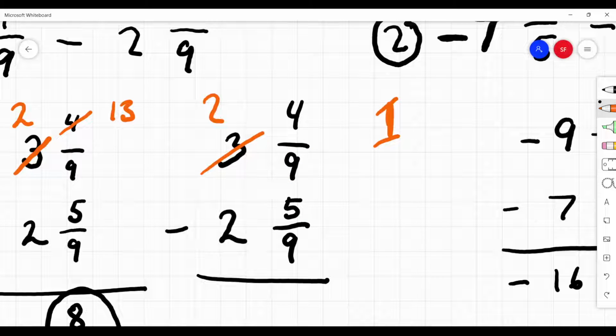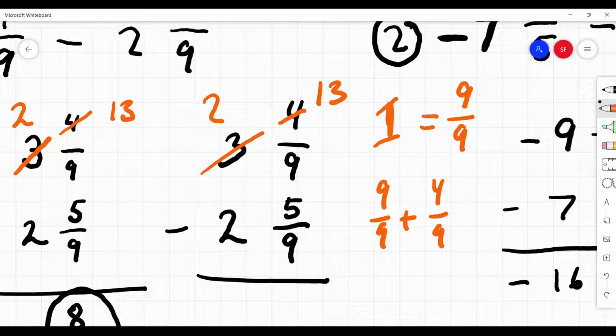So if I have a 9 down here and I want this to equal 1, what's got to be up here? 9. And so I'm adding 9/9 to this. What's 9/9 plus 4/9? 13/9. So that's why this is a 13. Because you're always adding the denominator to what's in the numerator.